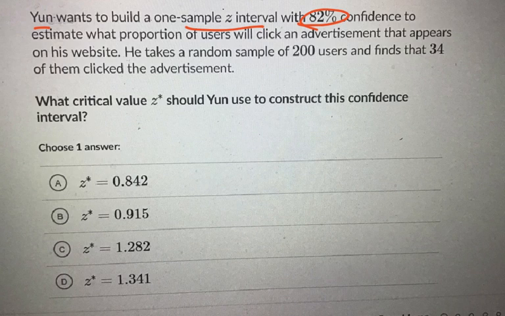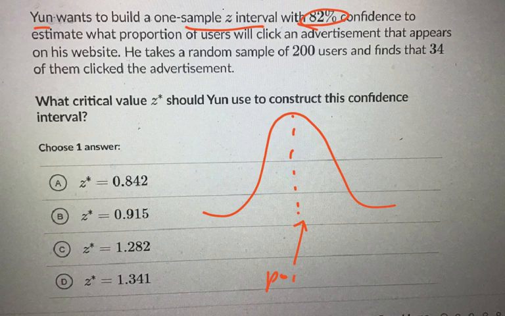but sometimes they get a little tricky like this. So the thing we have to understand is if we look at a normal curve, here would be our point estimate as we call it. And if we want to be 82% confident, that means I'm going to go 41% each way basically.